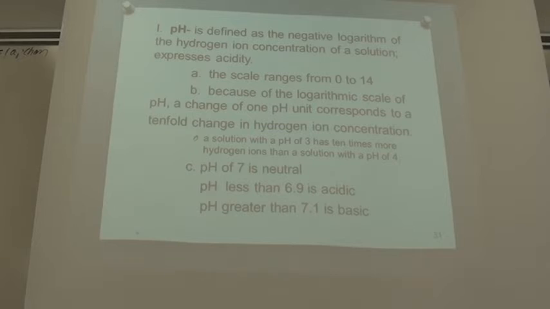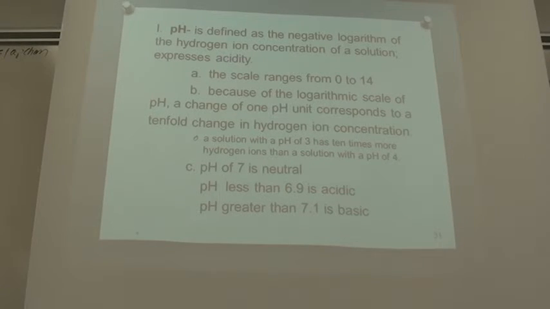So pH is what we use to put a number towards the acidity. So far, all we've done is say it's acid or it's base, but now we have degrees of how acidic it is and how basic it is. Tell me this.